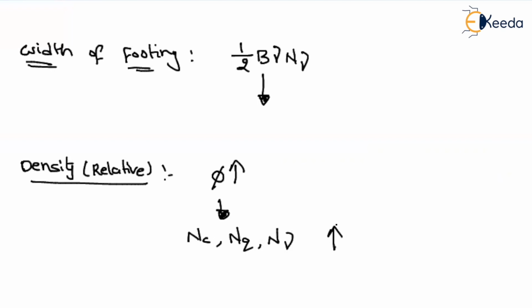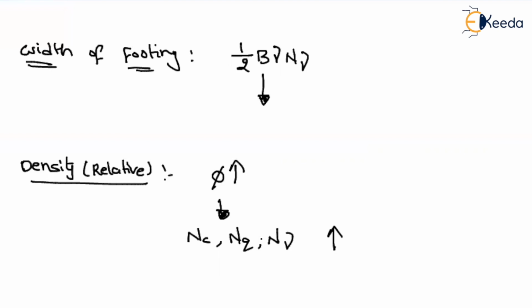That means if your soil is more compact in nature, your angle of friction will increase, and then obviously these constants Nc, Nq, N gamma also increase. If these increase, then the ultimate bearing capacity of the soil will also increase. Okay, these are the factors that are affecting the ultimate bearing capacity.